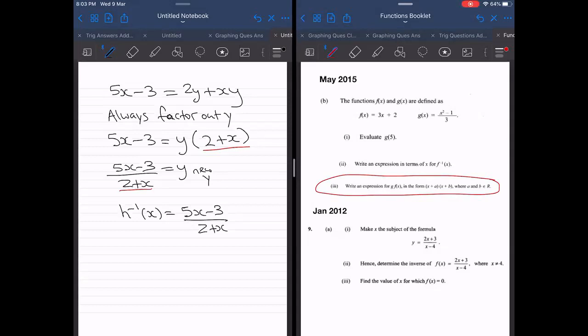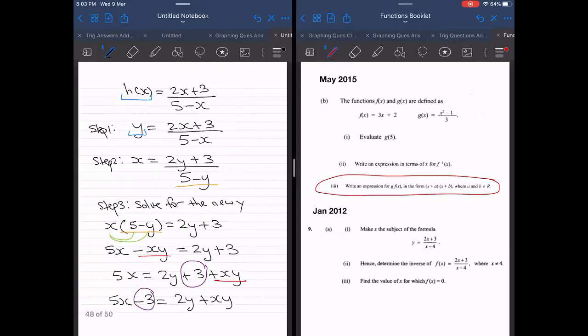I want the time to go through every piece, but G of 5 just means wherever you see x, you're going to put 5. And for the x inverse, that's one of the easy inverses, so you'll be okay. As it relates to this inverse on the left-hand side, if there's anything anybody still needs, any specific page, let me know and I'll go to that page for you.